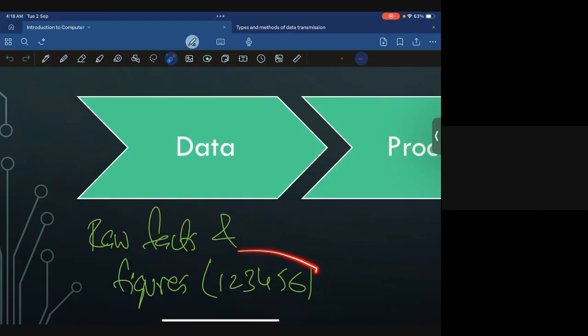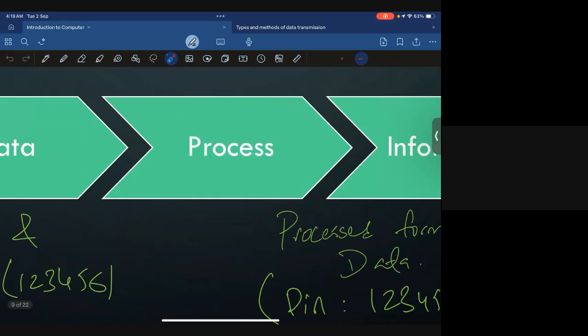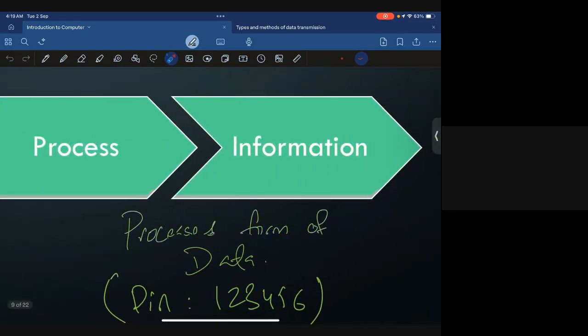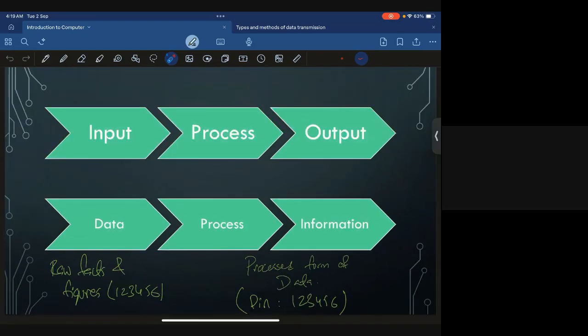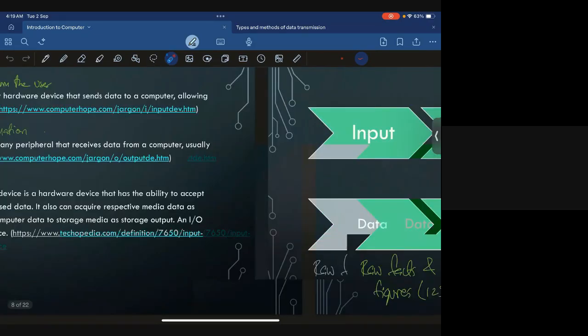So these are numbers, but they do not have any meaning, hence raw facts and figures. When we process the raw form, we give meaning to it. Hence, the processed form of data is known as information. Like this is a PIN, that adds meaning, so it is known as information. I hope this is clear so far.